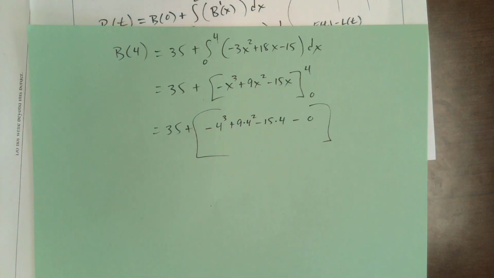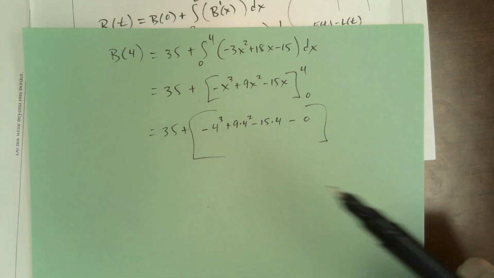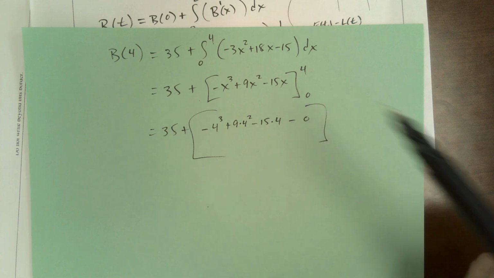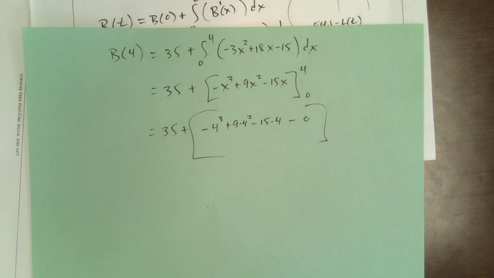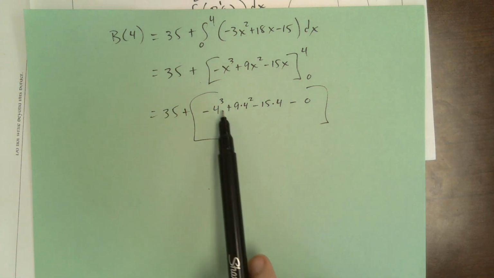Okay, so that's what you get when you do the final value minus the initial value by plugging in these times.